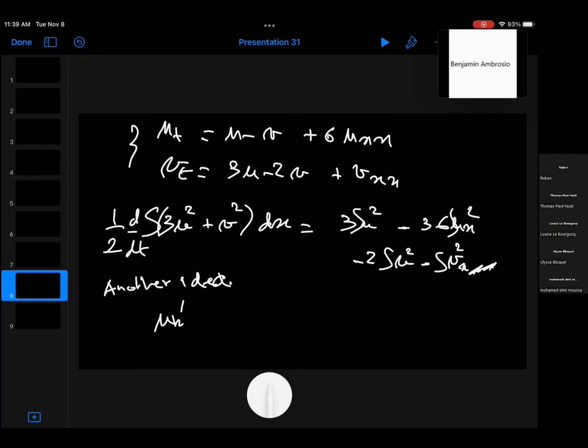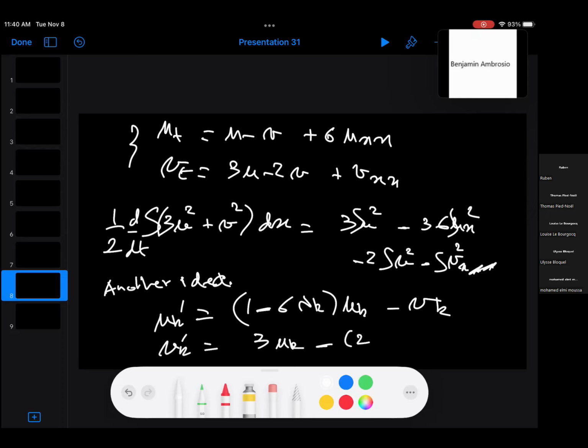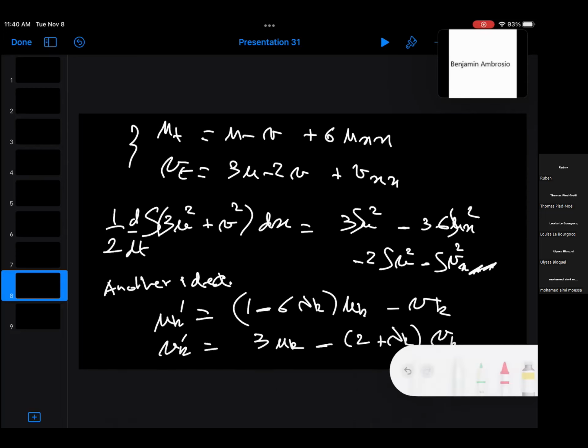So UK prime equals U minus V, so I have 1 minus sigma lambda K UK minus VK prime, so 3 UK minus 2 plus lambda K VK. Now, if I do the same thing, I got something.